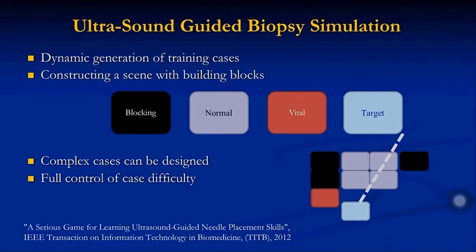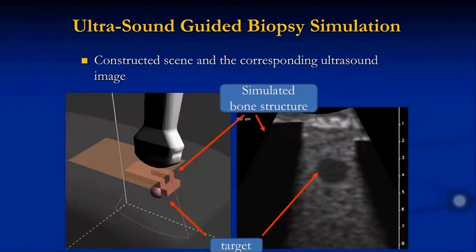For example, the normal block means that the needle can pass through without causing much problem. But for the vital box, the needle has to stay away, otherwise damage can be caused. So this is a game setting so that we can have different levels of difficulty. And then for that, we construct scenes and the corresponding ultrasound images based on the case settings.